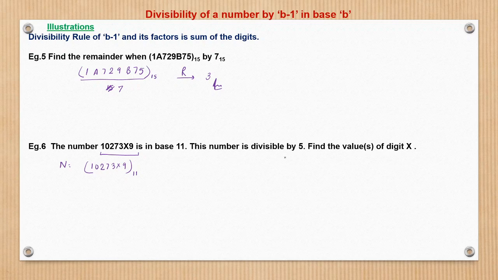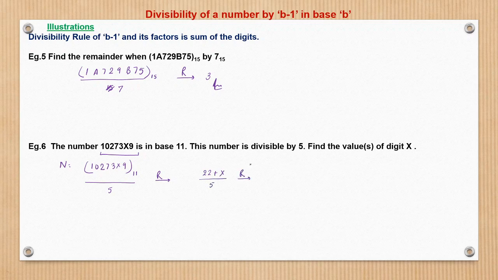So see, divisibility by 5 and the base is 11. We know that if the base is 11, and the divisor is 10 or a factor of 10, the divisibility rule is the summation of the digits. So if this has to be divisible by 5, the remainder would be from the summation of the digits: 1 plus 0, 1 plus 2 is 3, 3, 7, 10, 13, 19, 22, 22 plus x, upon 5.